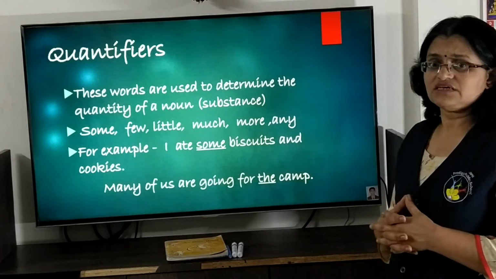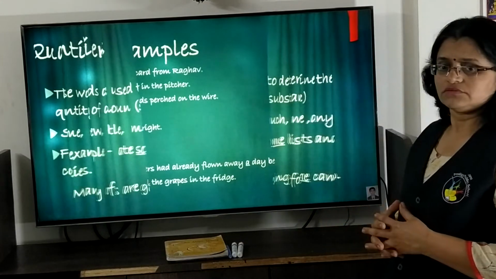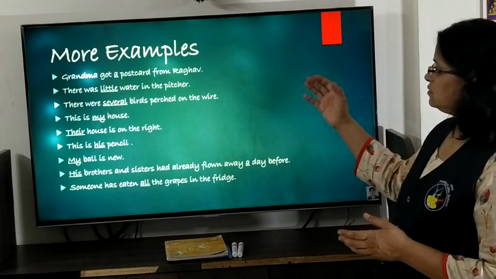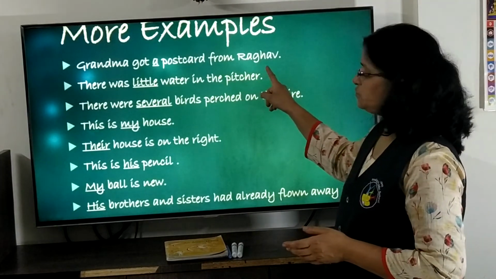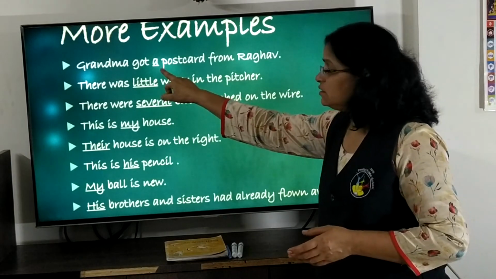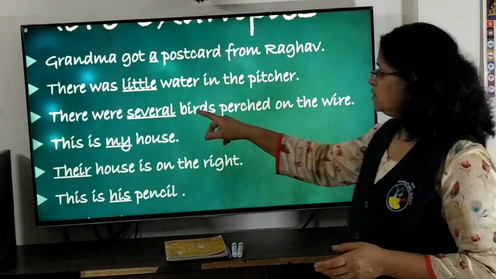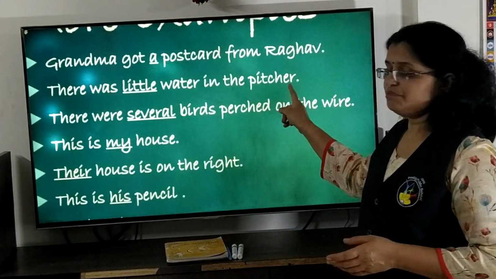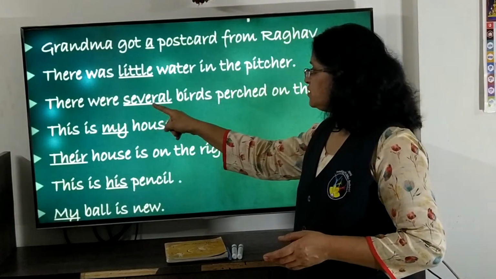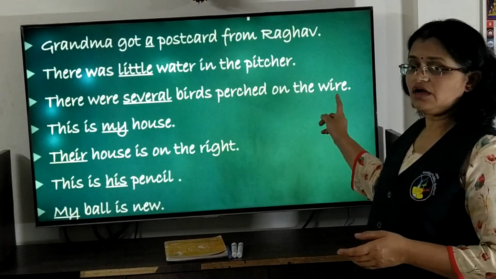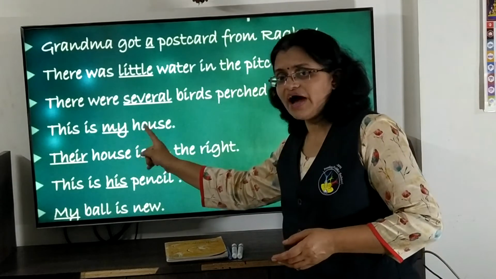Let's see some more examples of determiners. Grandma got a postcard from Raghav. A is an article. This is functioning as a determiner also. There was a little water in the pitcher. Little, determiner. There were several birds perched on the wire. Several, determiner. This is my house.